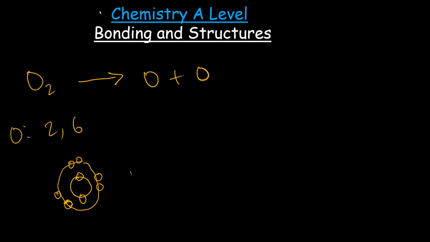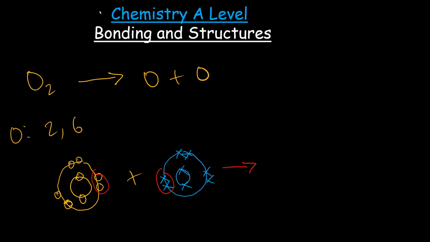Okay, plus the second one, we're going to use cross to represent that. This is the nucleus. 1, 2, 3, 4, 5, 6, and 7, 8. So when they combine together, these 2 and these 2 will be shared.